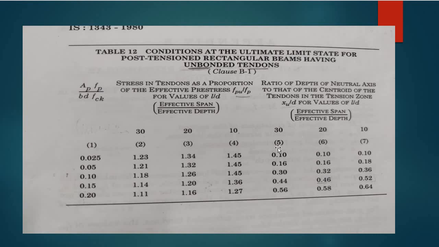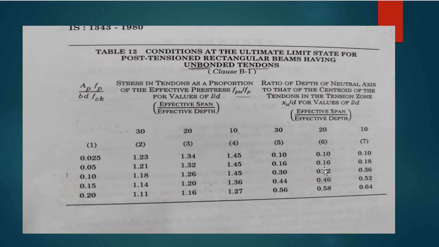I have understood that, but I should take the corresponding values. As I said, 0.072 will lie between these two values, so I will consider the first value, that is 0.05. For 0.05, the value we should consider is 0.16 for 30 L by D ratio.